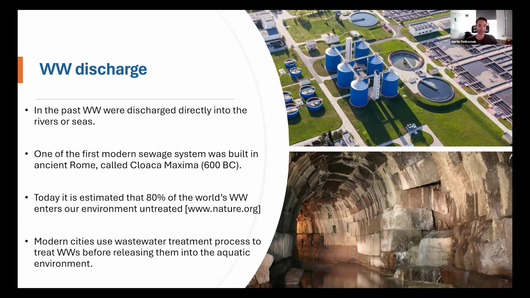In the past, wastewaters were directly discharged into the environment. Actually, in Roman times already, around 600 BC, a first known modern sewage system was built in ancient Rome, and it was called Cloaca Maxima.